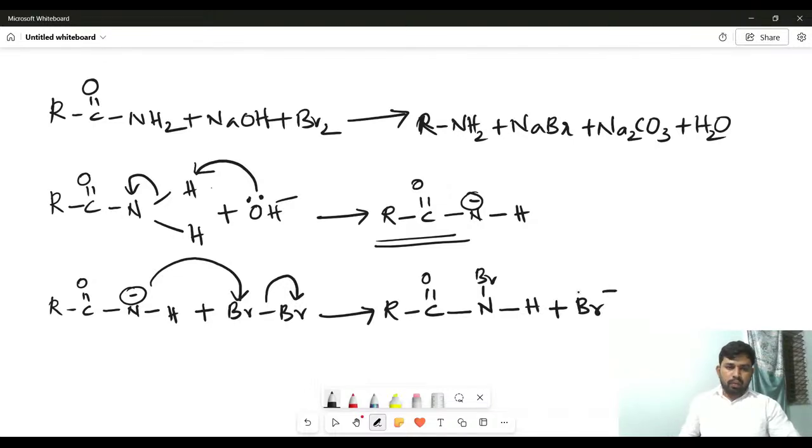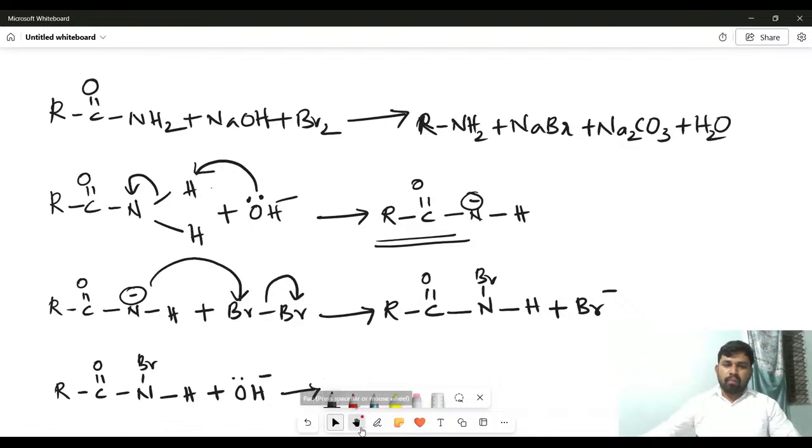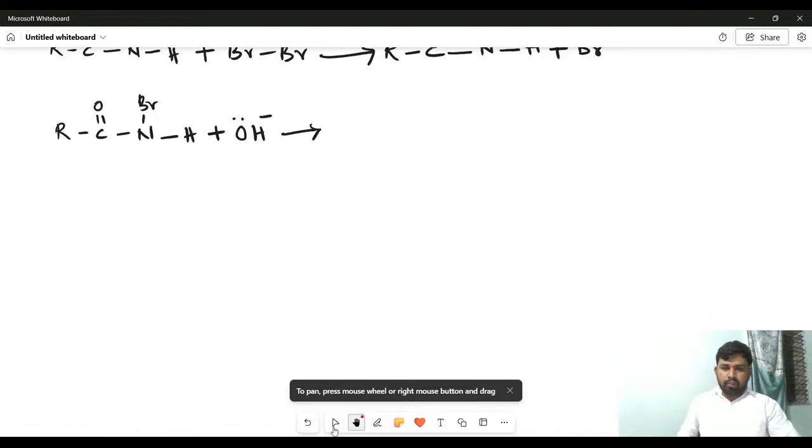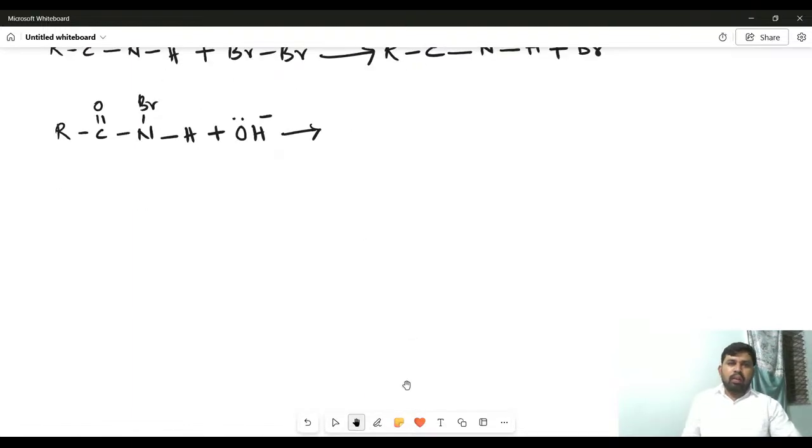Okay. So now again let me write our reactant: RC double bond O, and we have nitrogen, we have Br, and we have a hydrogen here. Again one more OH minus will be added here, as we have a strong alkali. It will attack this proton.